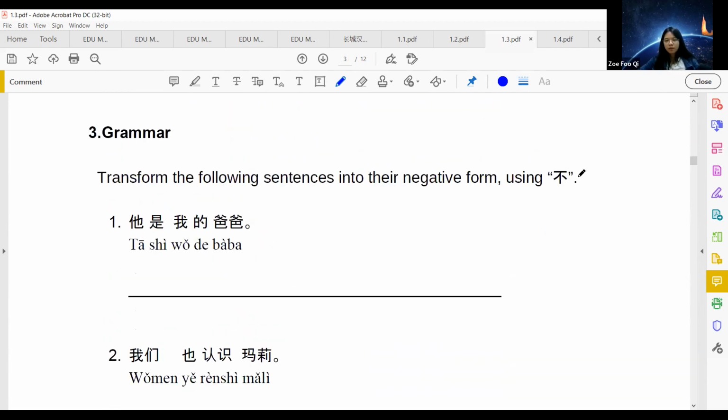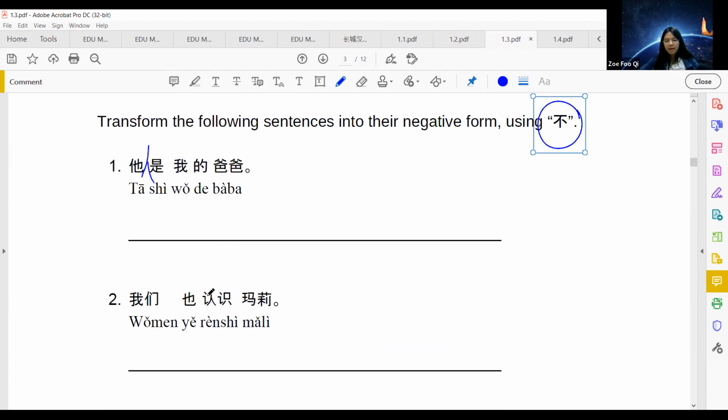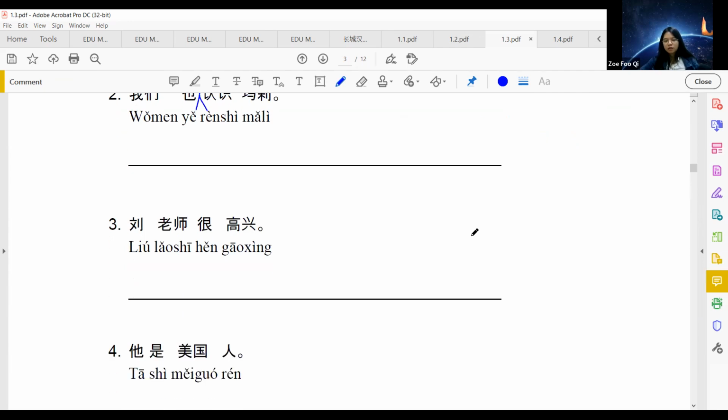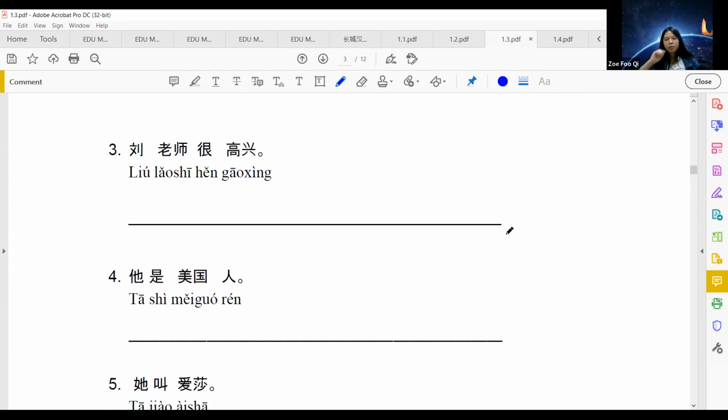Okay, so this one is using the 不. For the 不 we put it before the verb. So this one will be 他不是 This one 我们也不认识 We put it over here. So this one number 3 we should put the 不 in front of 高兴 very good. 不很高兴 is correct.